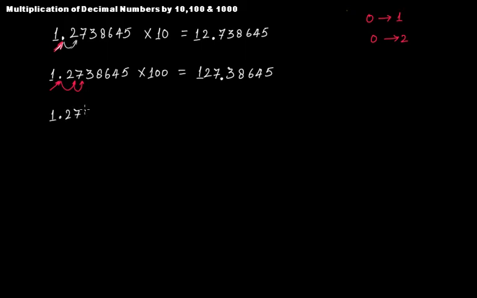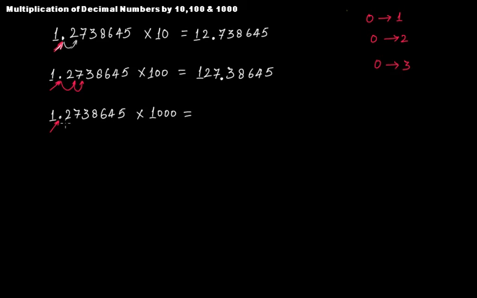Same number, 1.2738645, and with 1000. How many zeros do we have in 1000? We have 3 zeros. Our decimal point is here.